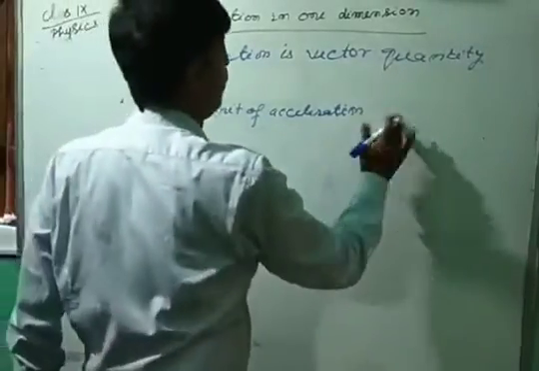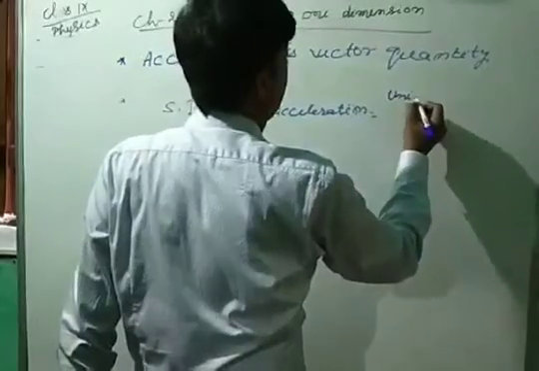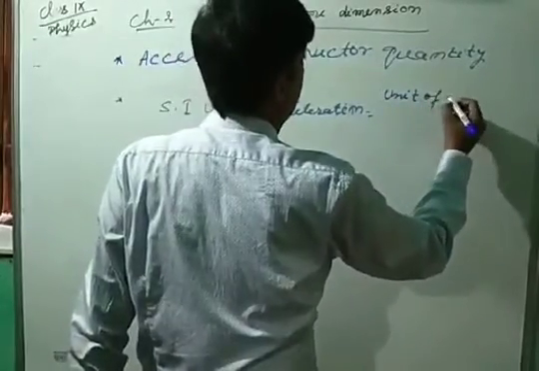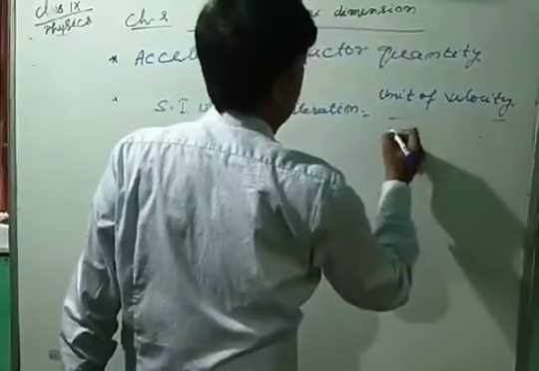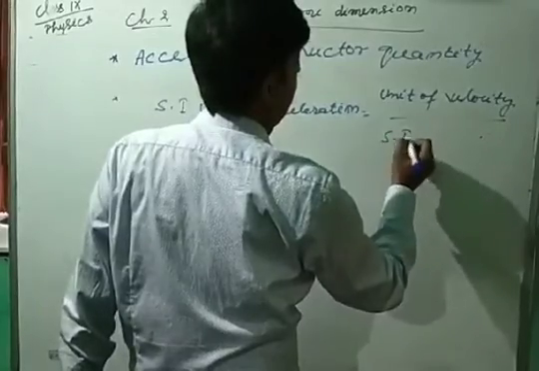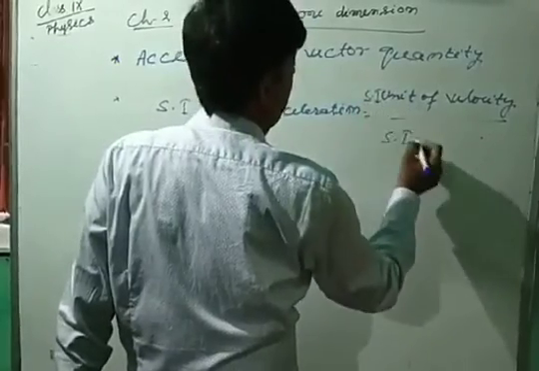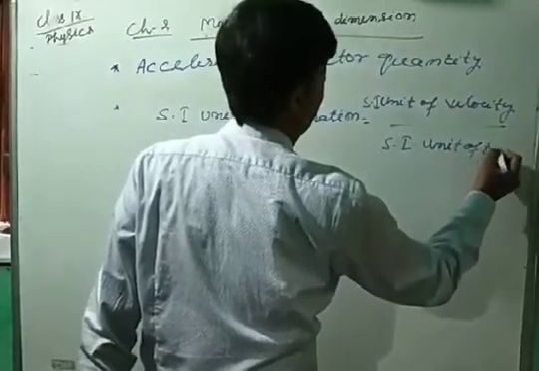The SI unit of acceleration is the SI unit of velocity by the SI unit of time.